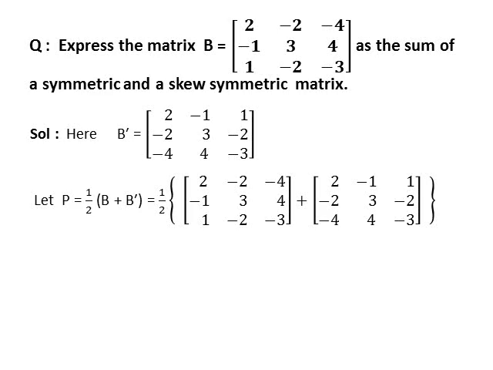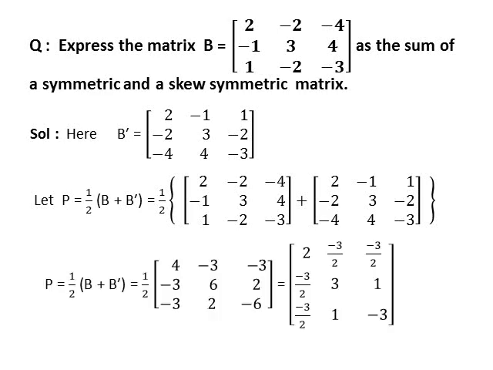In the next step, add the corresponding elements of these two matrices. We get a new matrix of order 3 by 3 as shown. Now multiply this matrix by scalar 1 by 2. We get matrix P of order 3 by 3 as shown.